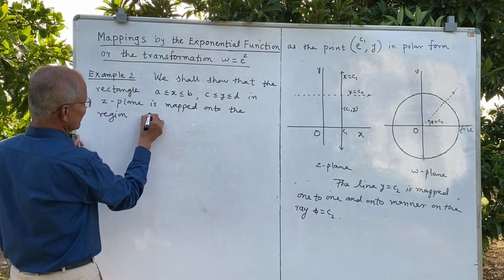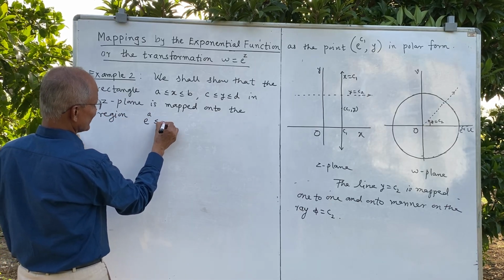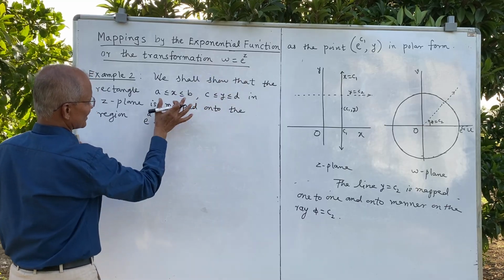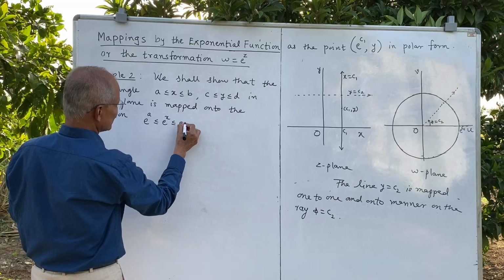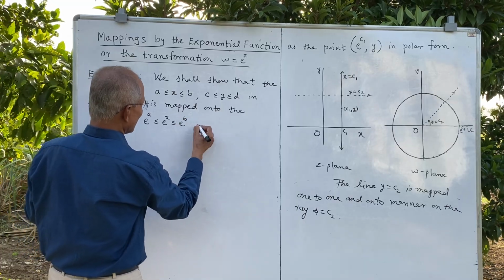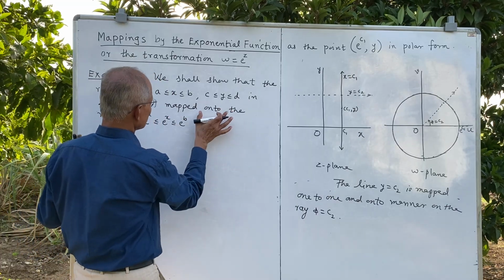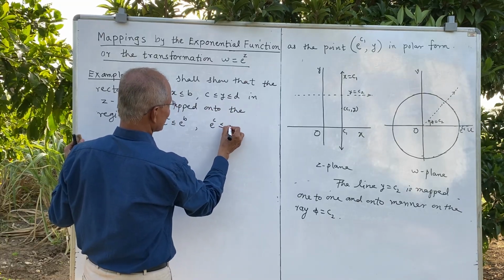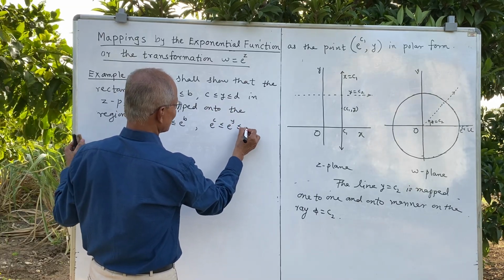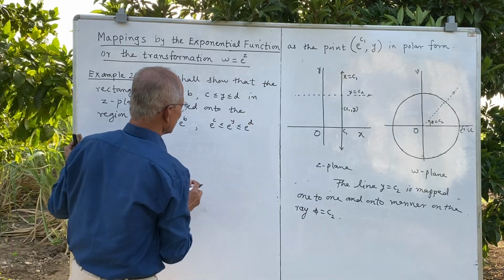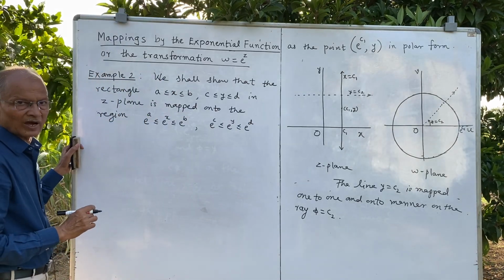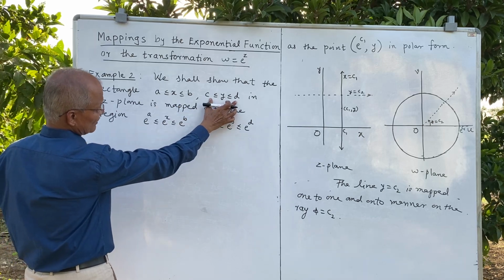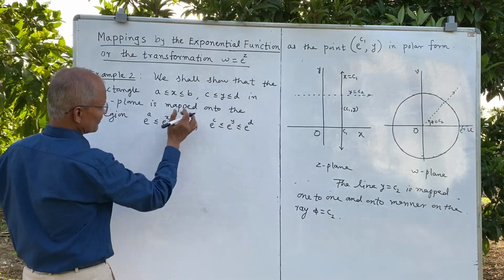that is e power a less than or equal to e power x, taking the exponential transformation, less than or equal to e power b, and this region will be e power c less than or equal to e power y less than or equal to e power d, and here phi will take y values, that is from c to d.